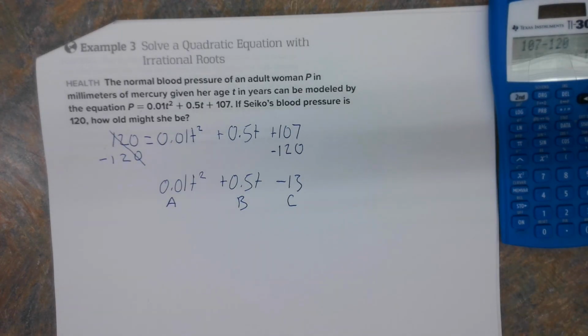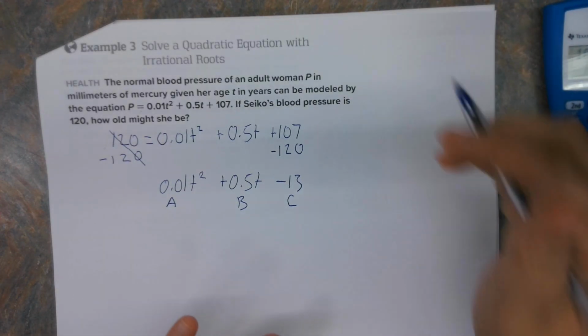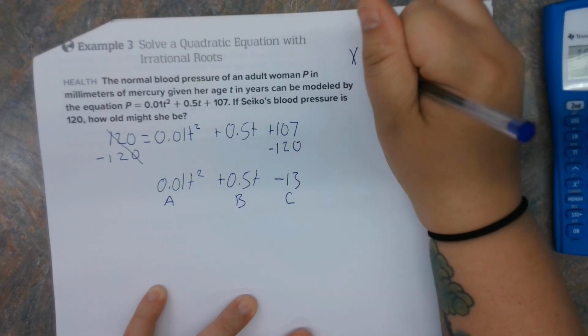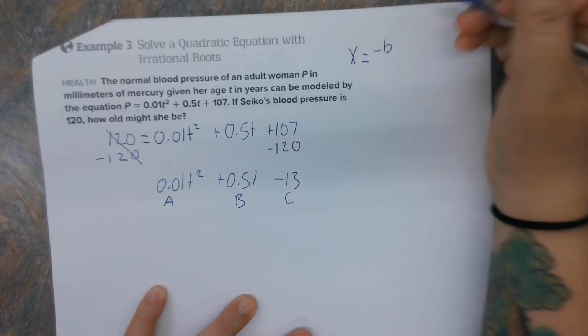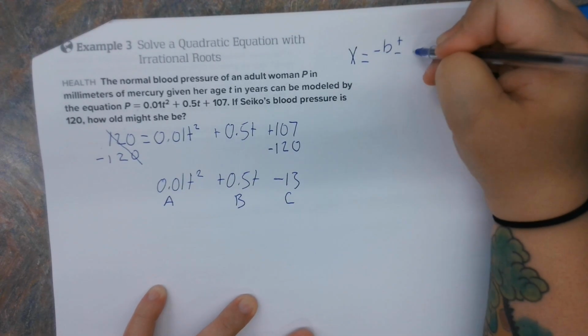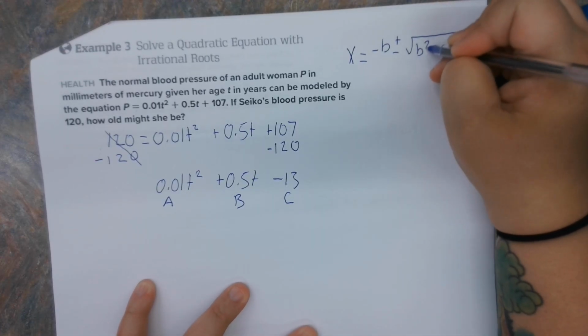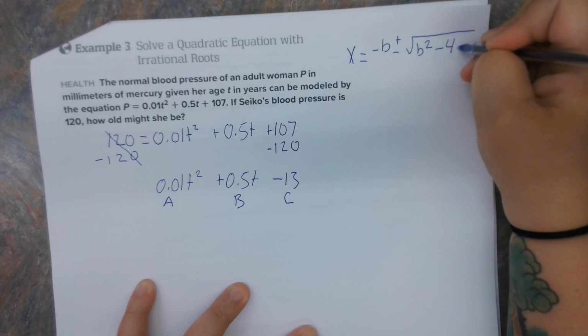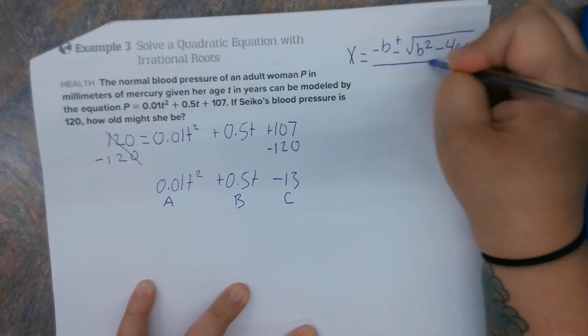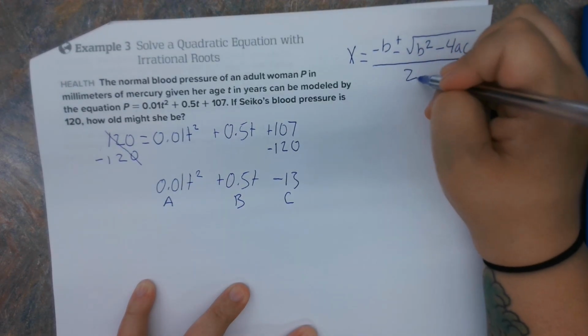So you haven't memorized it yet? See if you can write it as I write it. It's x equals negative b plus or minus the square root of b squared minus 4ac all over 2a.